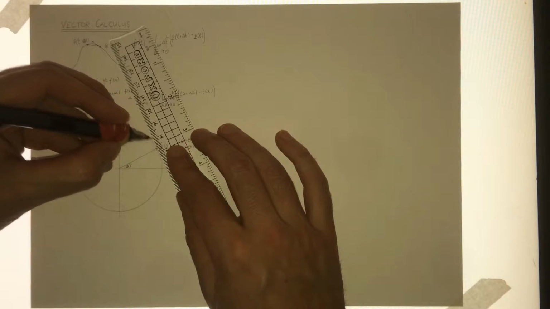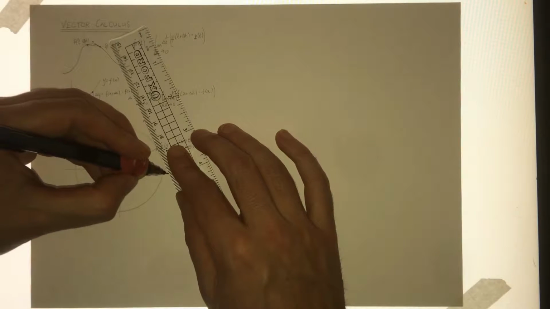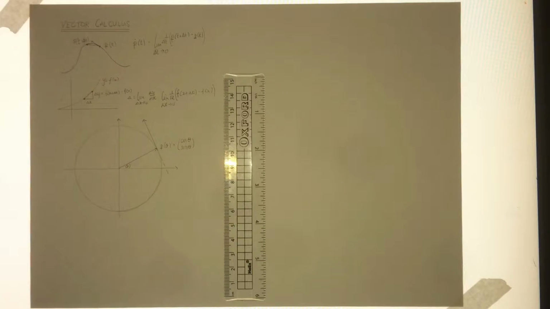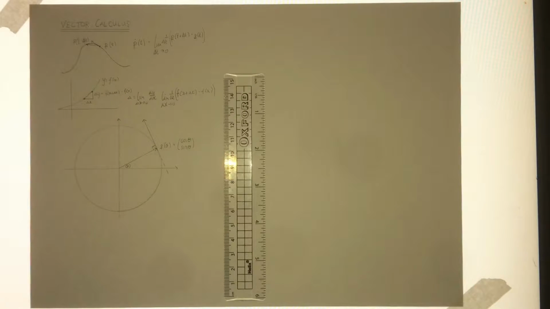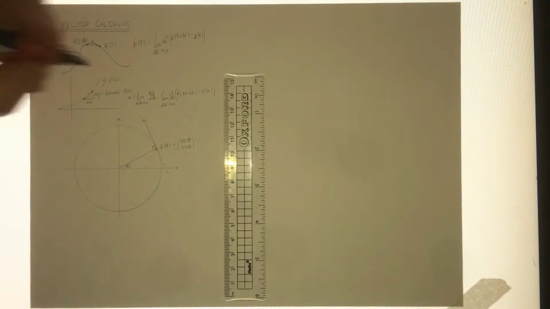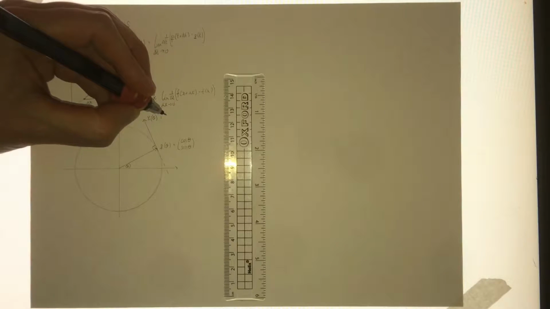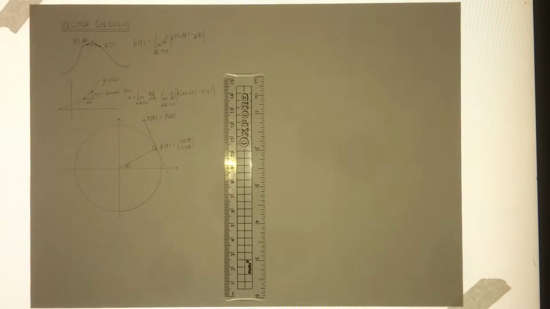So the velocity is going to go perpendicular to the position. Haven't drawn that quite right because this should be a right angle, but if I mark it in, that will indicate. So this is our velocity for a given theta, which is the derivative of the position for that theta.